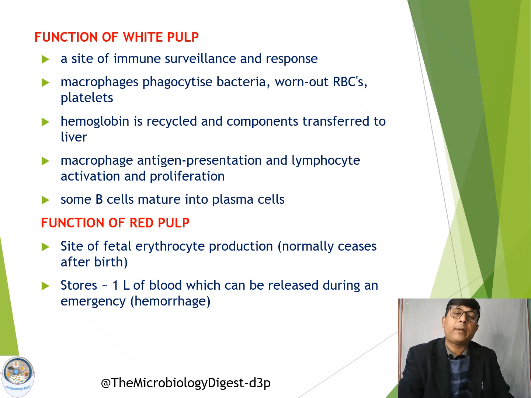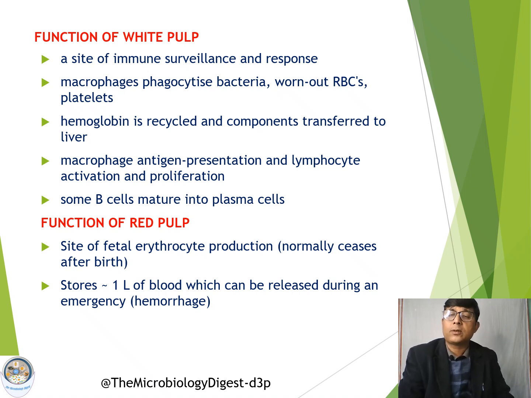Now, red pulp and white pulp serve different functions. White pulp is the site of immune surveillance and response. Other functions include hemoglobin recycling, followed by transferring it to the liver. Then macrophage antigen presentation, which we'll discuss later, how it occurs.